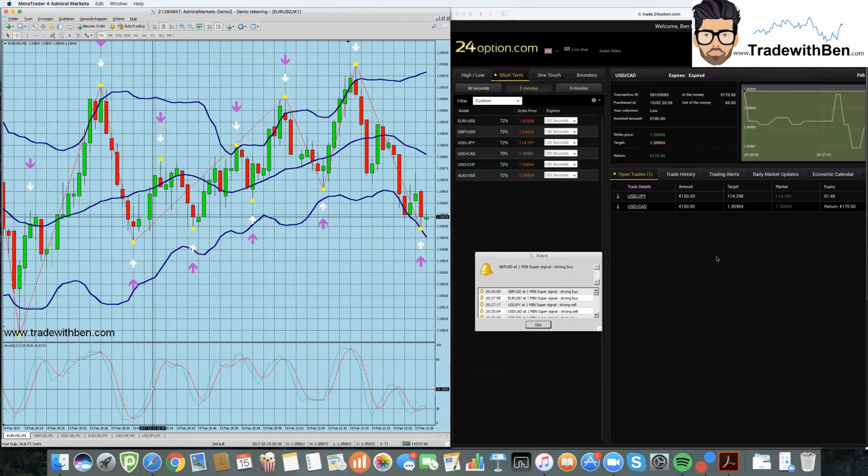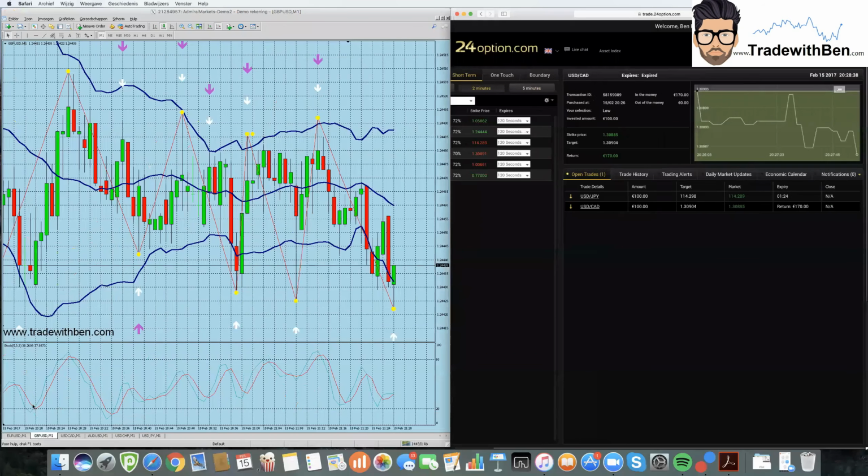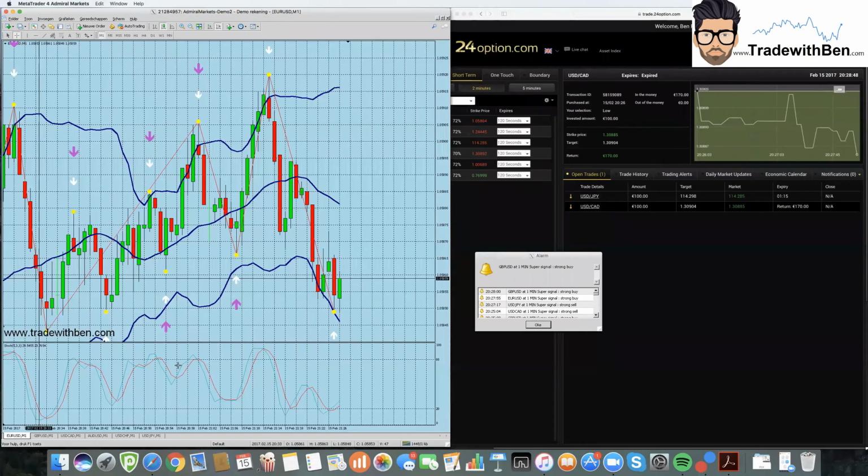Let's see. Let's see the Euro USD. And by the way, this reversal actually happened just now. This one is going to go up.